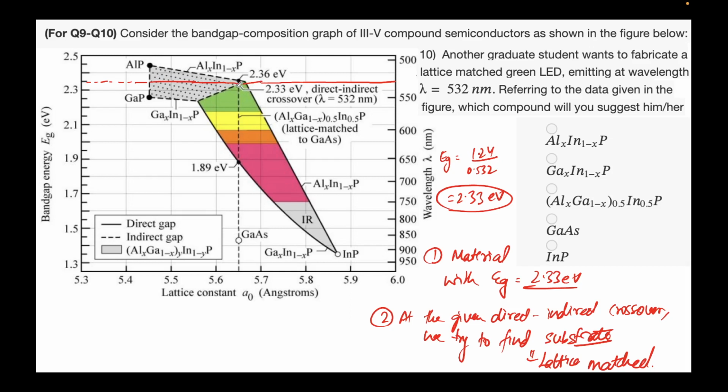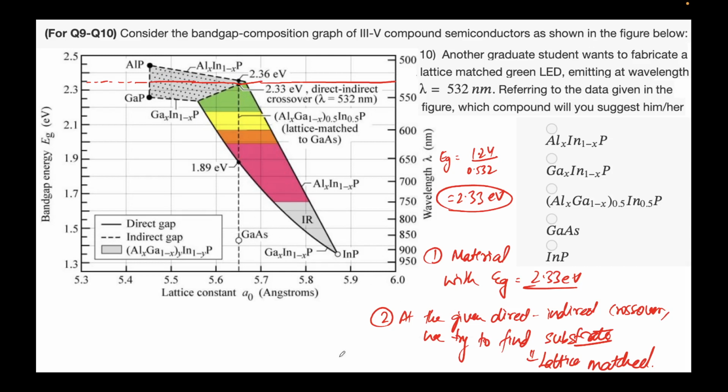It's this line. We need to follow this line because the crossover point is here, correct? So this line corresponds to gallium indium phosphide and this is aluminium indium phosphide. Okay, so it's a quaternary alloy, and you see it's lattice matched with gallium arsenide.